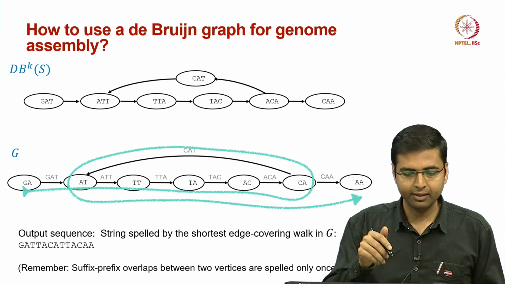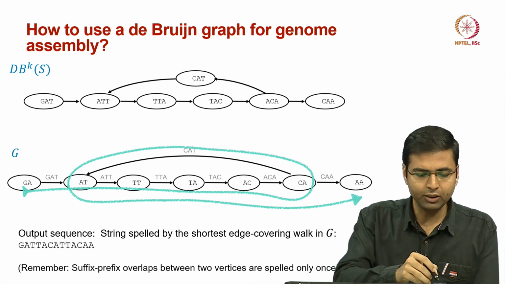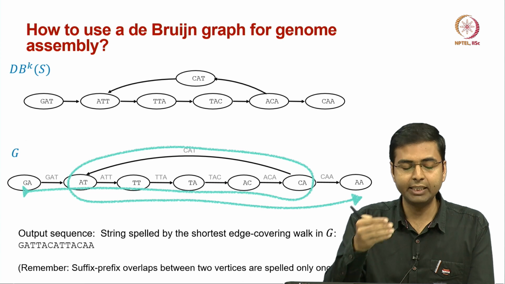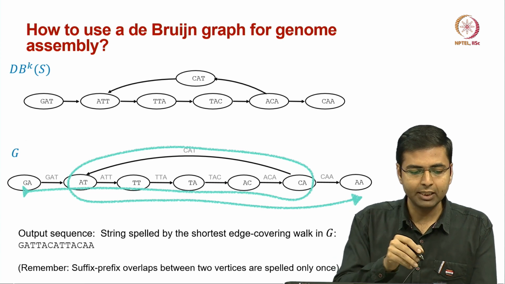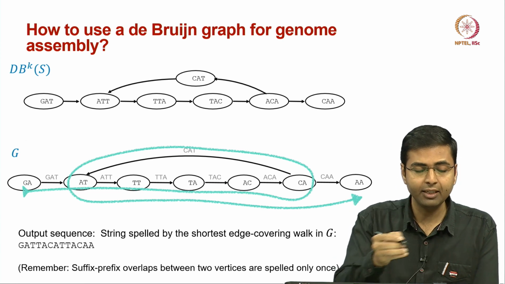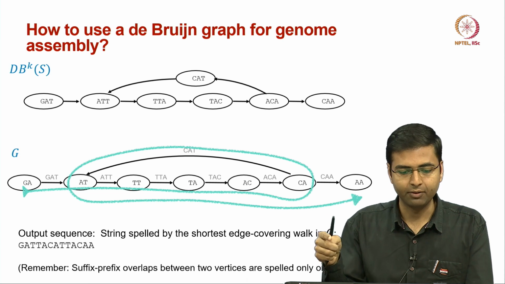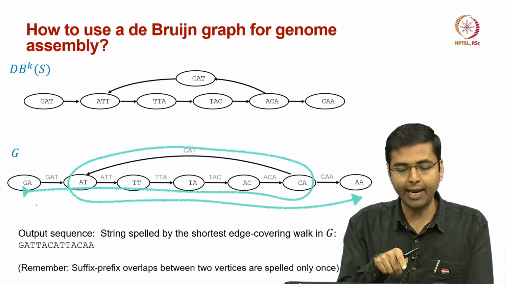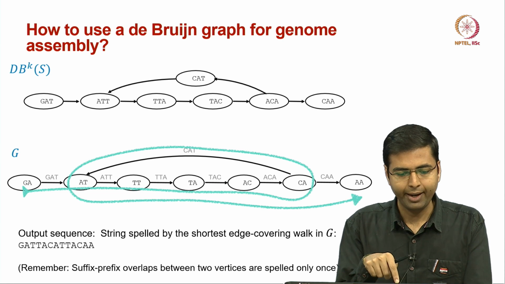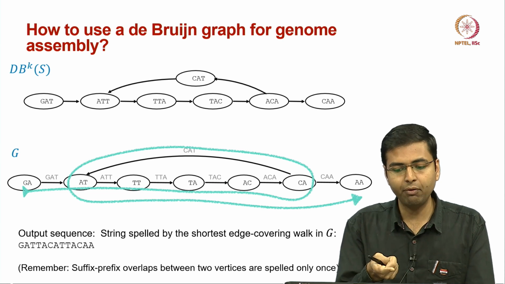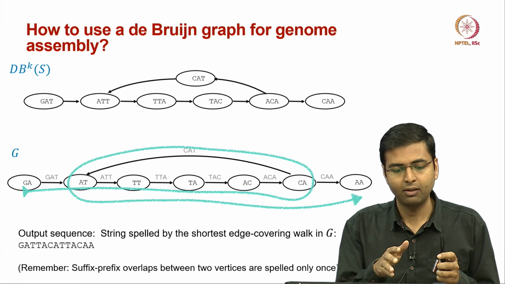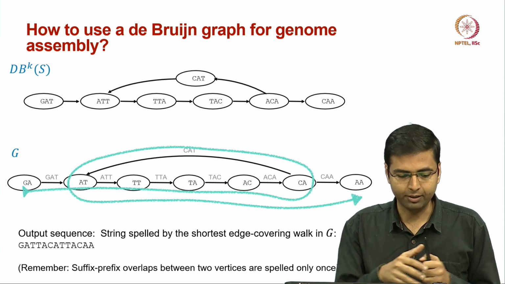Okay, so there is one last point I missed. Once you establish this correspondence between vertex covering walk and edge covering walk, all we need to do is find the shortest edge covering walk in G and spell the sequence out of it. So, in this case the shortest edge covering walk is shown in light blue color, and once you have the shortest edge covering walk, you can spell the string that is spelled by this walk.